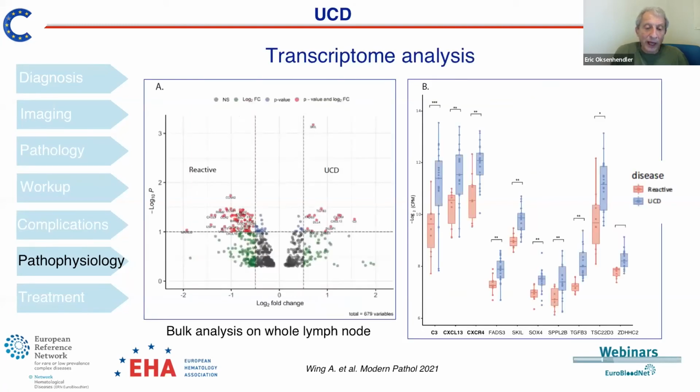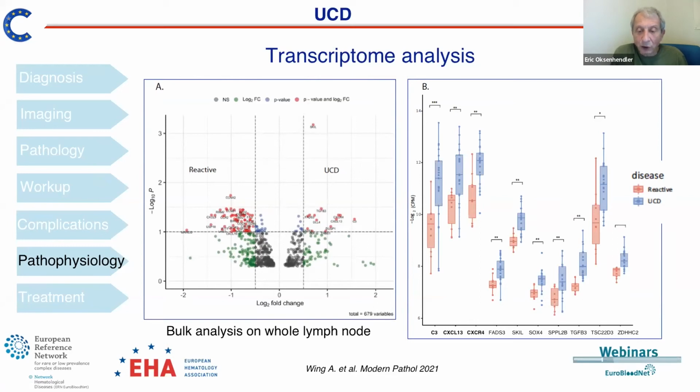Recently, a group has published a transcriptome analysis of UCD and compared the results to reactive lymph nodes. I would just like to mention that this analysis has been performed as a bulk analysis on whole lymph node. We don't know which cells are responsible for this signature.